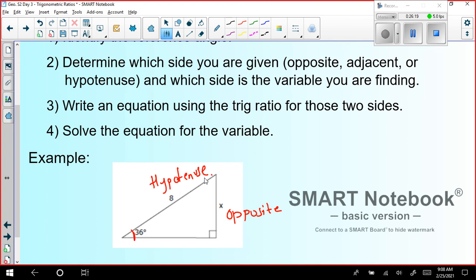So the next step is to write an equation using the trig ratio for those two sides. Whenever we have opposite and hypotenuse, it is going to be sine. So you just write the trig ratio: sine of 36, because that is the angle, is nothing but opposite over hypotenuse. So further substitute. Opposite was x and hypotenuse was 8.